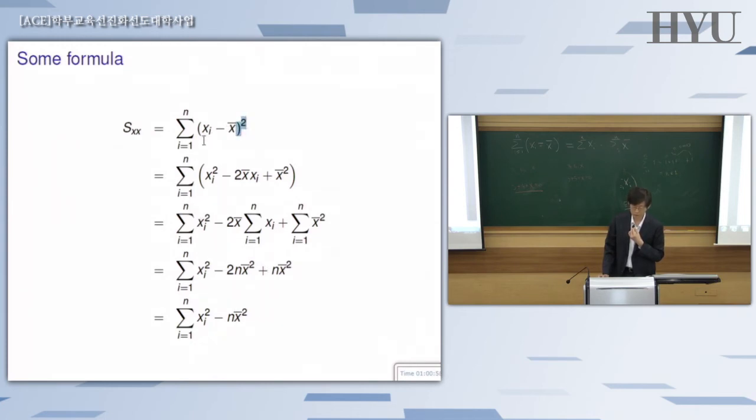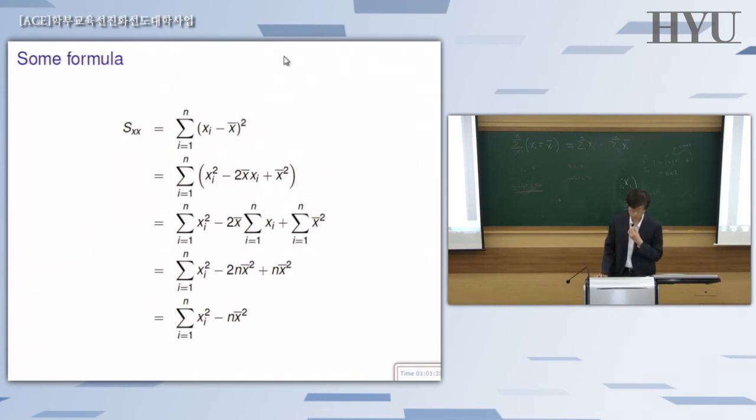The middle part you have to figure out, and here is how you show it through these steps. First, expand the quadratic: if you square the sum a plus b, that's a squared plus b squared plus twice a times b. Just apply the usual formula here. If you expand it, the first term in the second line is going to be x sub i squared, the squared value for each sample point, then twice the first entry times the second entry, which is the sample mean times each sample point, and the third one is obviously the squared sample mean.